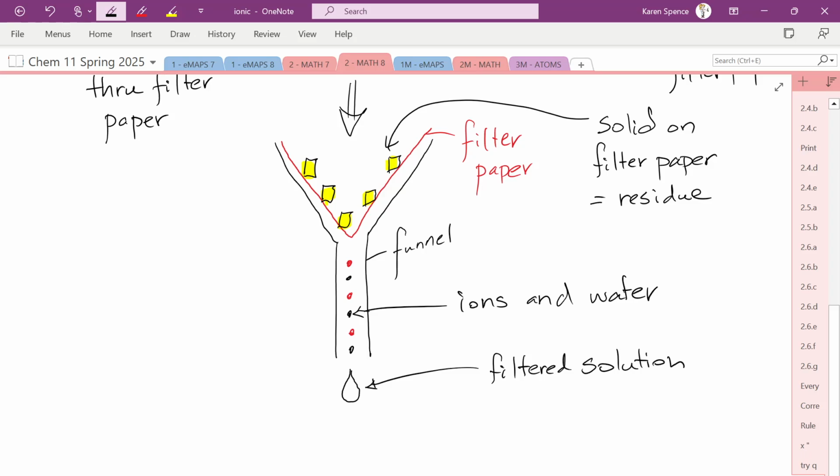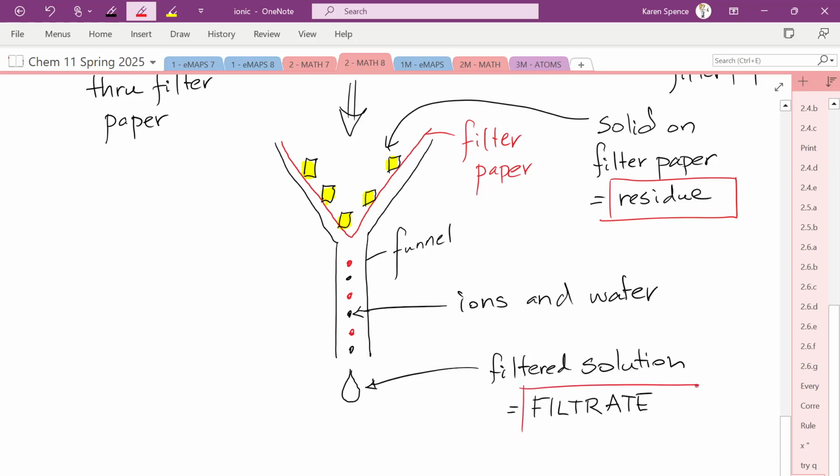That is called the filtrate. So we have our residue and we have our filtrate.